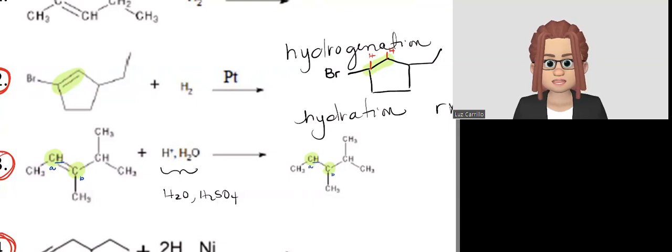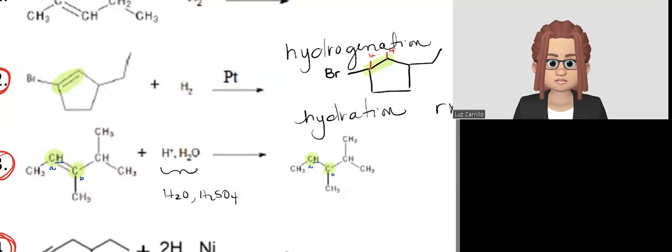Because carbon A is directly attached to one hydrogen, it has more hydrogens than carbon B, because carbon B is not connected directly to hydrogens. As you can see, carbon B is connected to carbon and carbon. Those carbons have hydrogens, but carbon B directly doesn't have hydrogens itself.